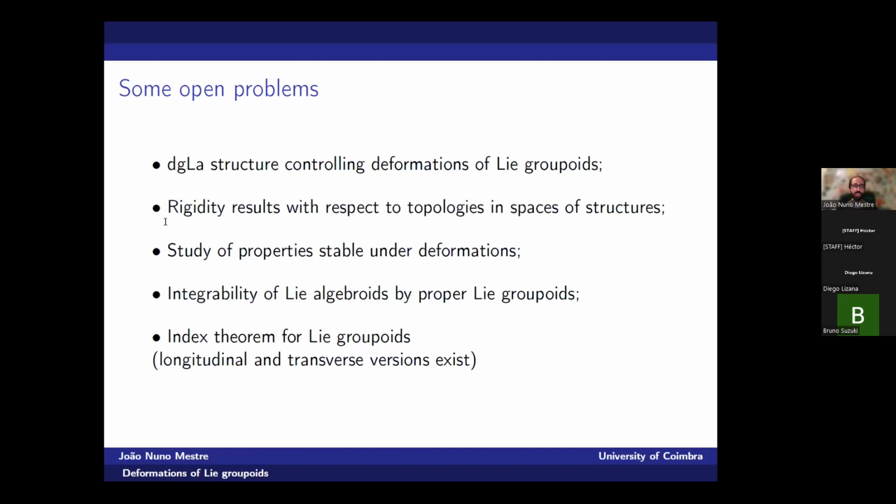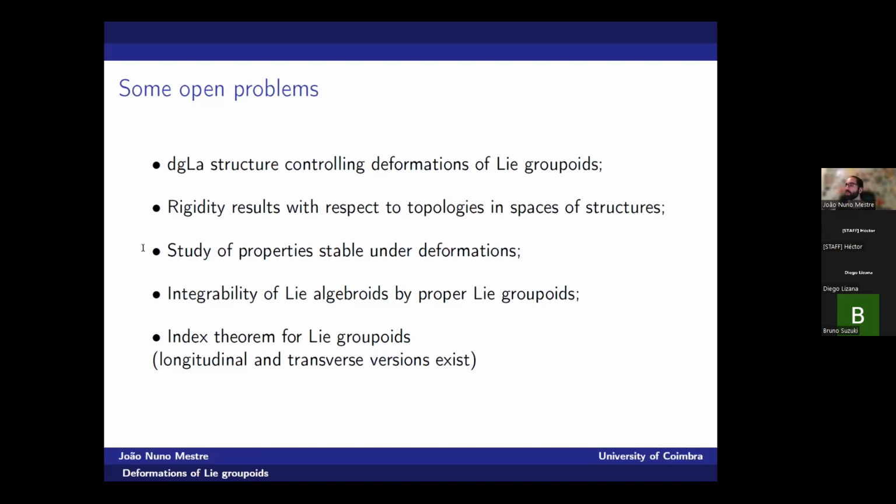There are also questions about finding rigidity results with respect to topologies in the space of structures. So if I have a groupoid and a groupoid nearby with respect to some sort of Whitney topologies, can I guarantee that the nearby groupoids are going to be isomorphic? I don't know about that. There are some questions about the study of properties stable under deformations.